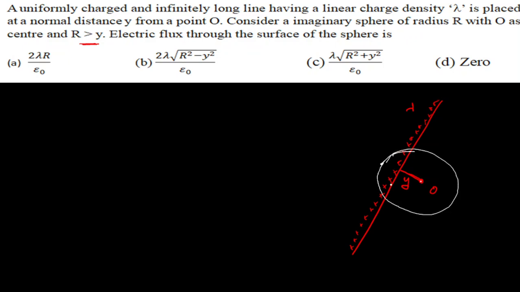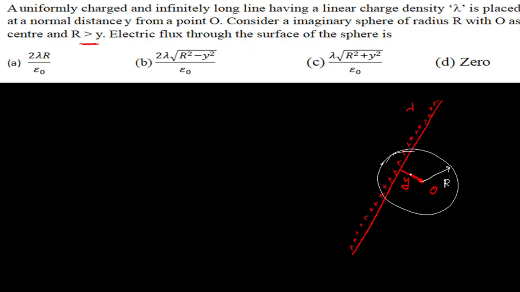So this is a sphere. Now we have to calculate the flux that passes through this sphere.